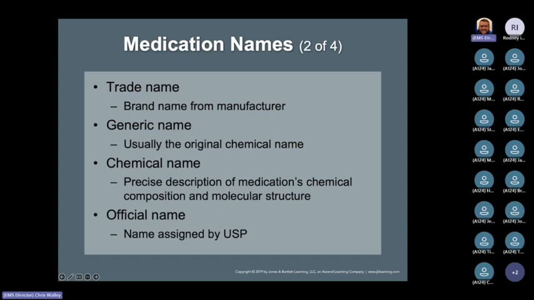A generic name is usually the original chemical name of a particular medication, like ibuprofen, usually suggested by the first manufacturer and approved by the FDA. That's how it sticks. Some medications are called by their generic name more often than their trade name, like nitroglycerin. That's just the generic name for it.